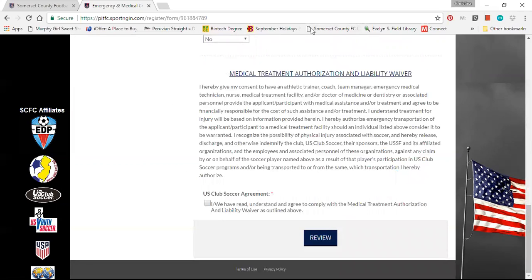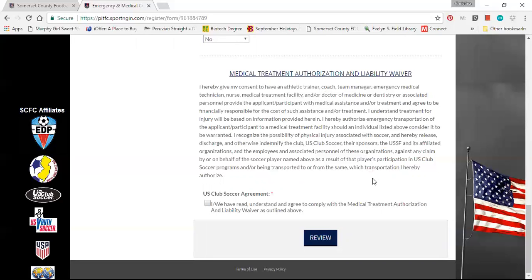Okay. And this is a medical treatment authorization and liability waiver. You typically see this on US Club Soccer's R002 form. Don't know why I remember what form number it is, but that's the form. And it's basically the ability for us to provide that patient, that player, treatment, to get them to the necessary hospital, as well as to insure them under US Club Soccer's insurance.